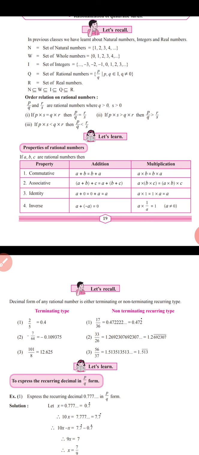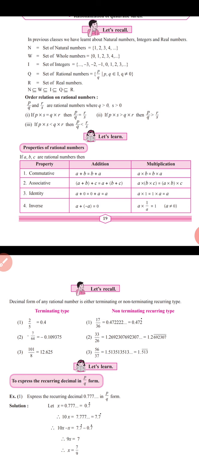In multiplication also the same criteria: the first number multiplied by the second is equal to the second number multiplied by the first.